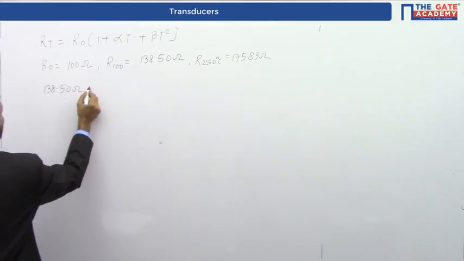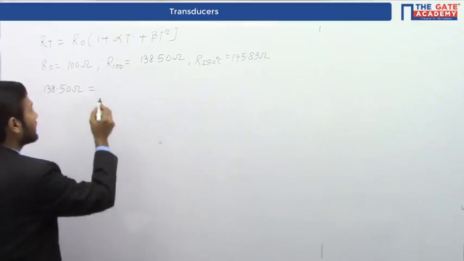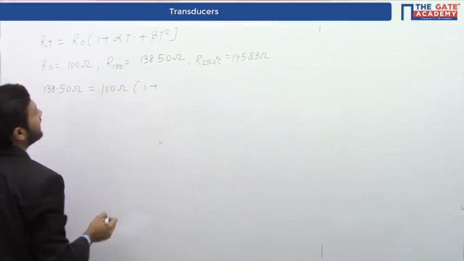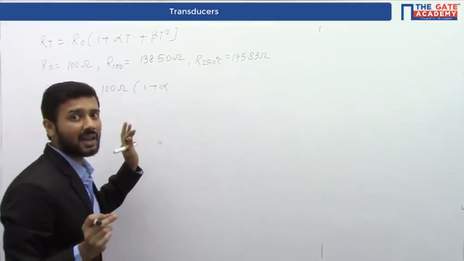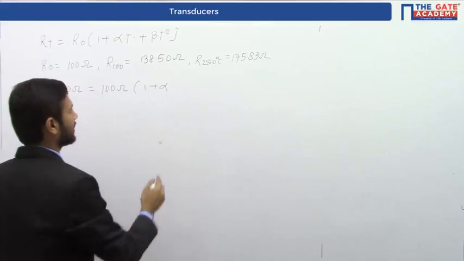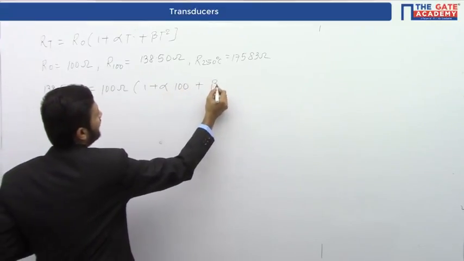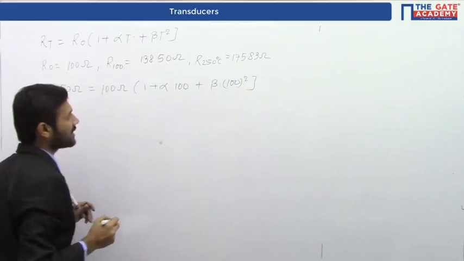138.50 ohm is equal to R naught, which is given as 100 ohm, so I am writing 100 ohm into 1 plus alpha, putting temperature T equals 100 degrees C, so 100, plus beta into 100 square. This is our first equation.